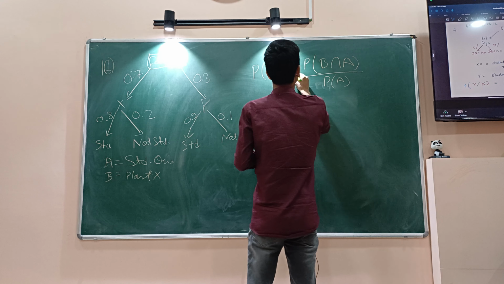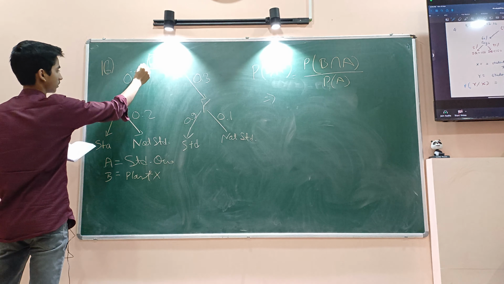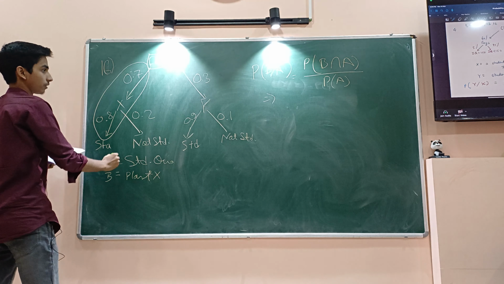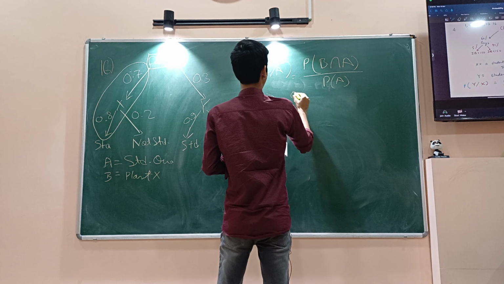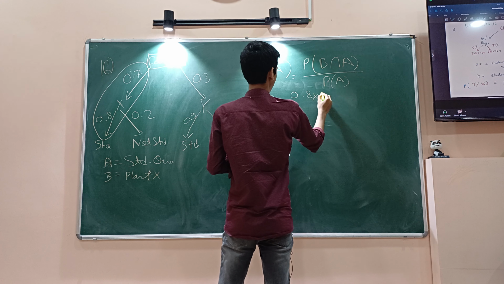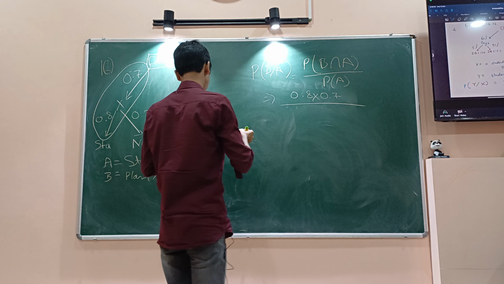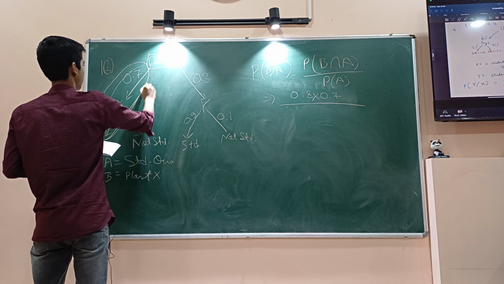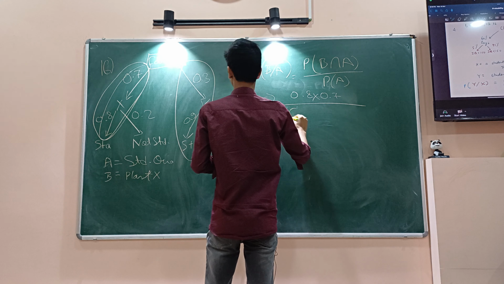So P of B intersection A is 0.8 into 0.7, divided by P of A. A is saying it should be of standard quality, so this is of standard quality and this is of standard quality, so we can add.